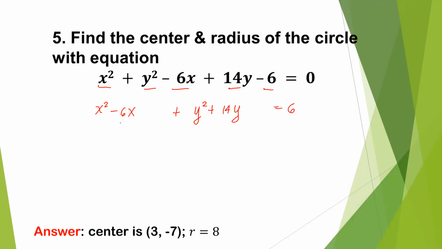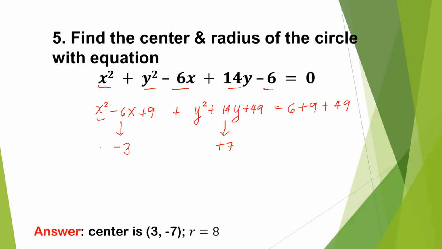So this one, divide by 2: negative 6 divided by 2 is negative 3. If you square this, that will be positive 9. We add the same number on the right side. Okay. So 14 divided by 2 is positive 7. Squaring that, we have 49. Do the same thing on the other side. Okay.